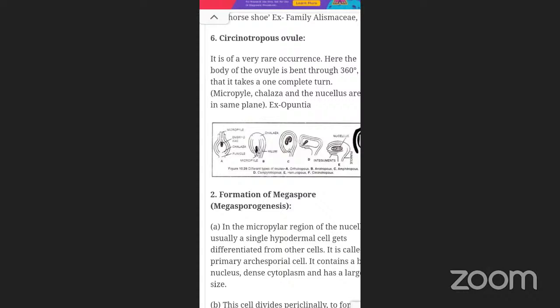At the end of the micropylar region, a stopper-like structure is there in the lemna. So that one we call the operculum.